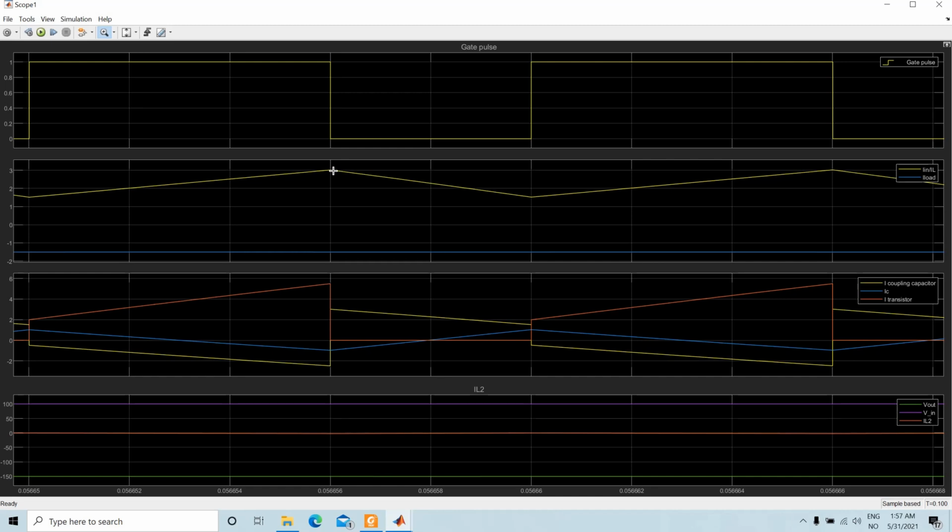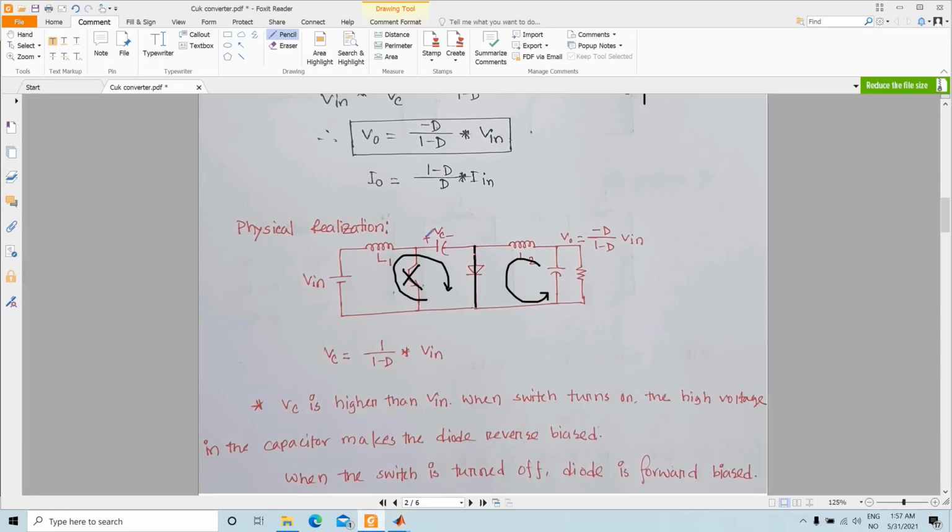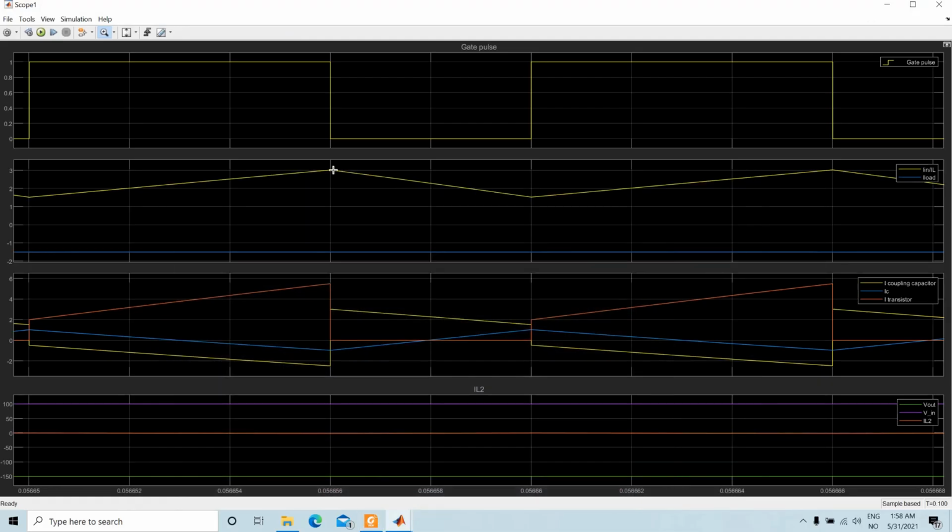And when your transistor is off, this inductor and this input source, both of them energize this capacitor here. So during that time this inductor current drops, as you can see from here, it's going down.